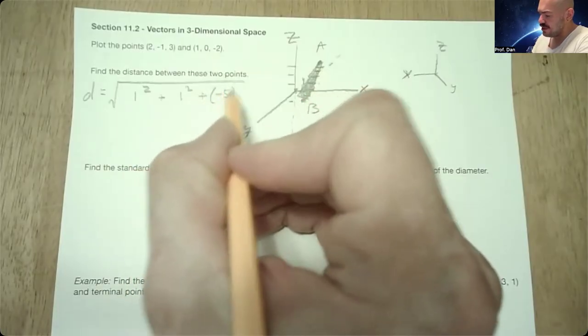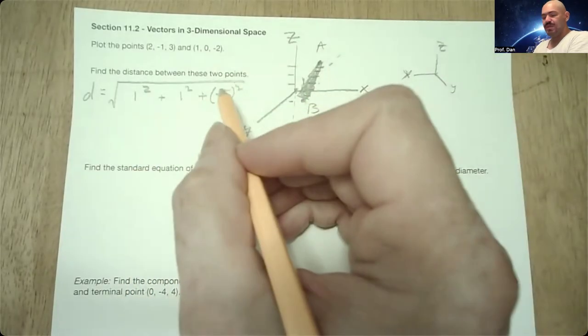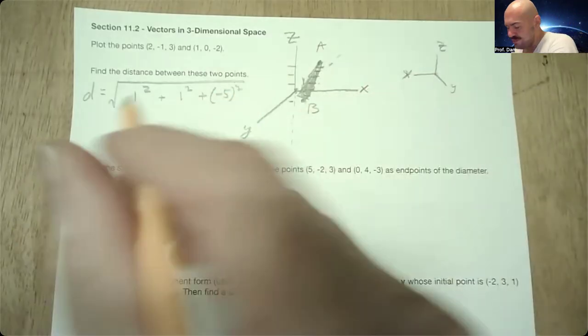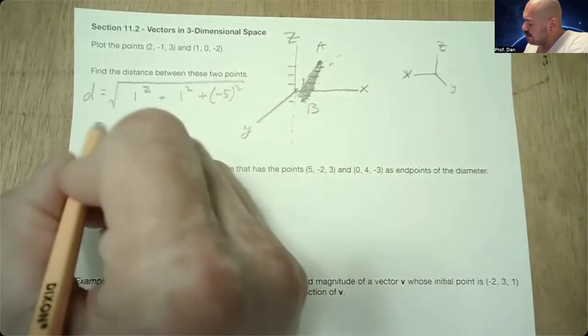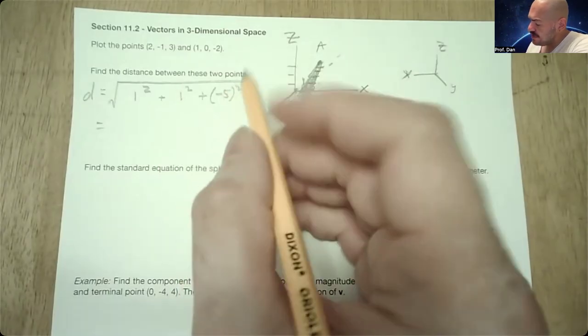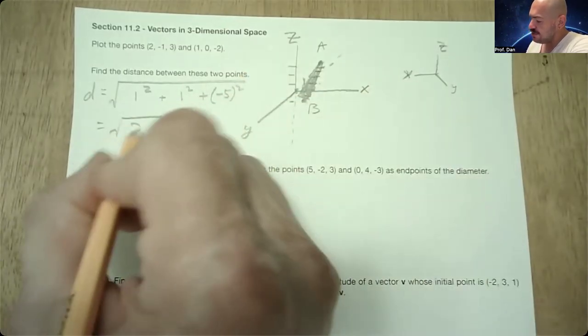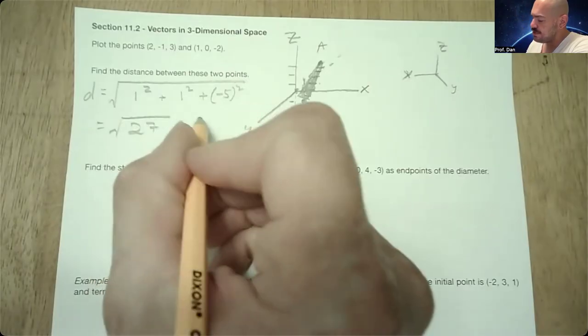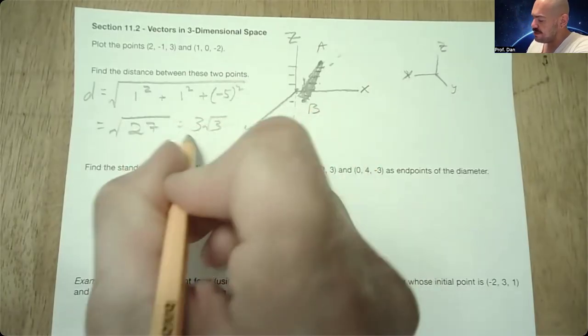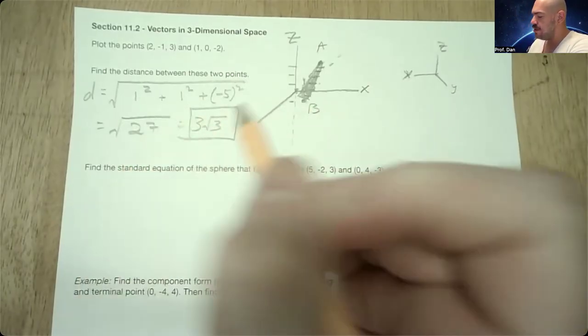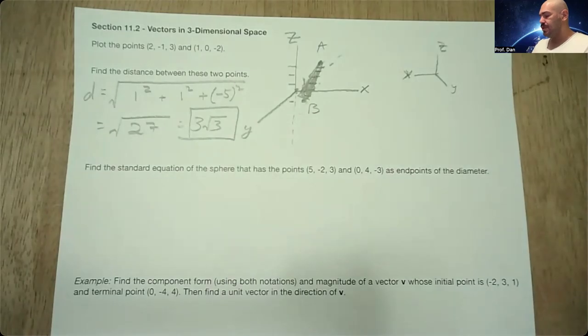So -5 squared. Remember, those parentheses are important. So when I square all of this, add it together, I get the square root of 27, which can also be written as 3 times the square root of 3, which would be a little bit more than 5, 5.1 stuff.